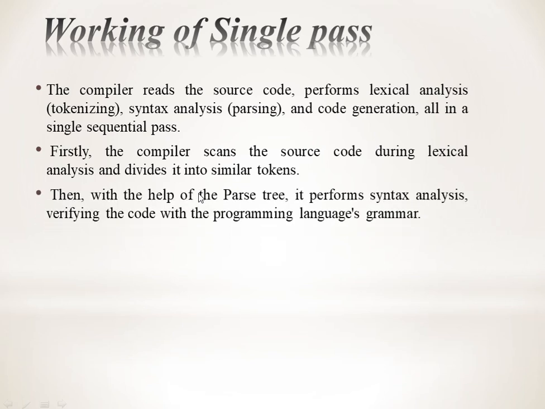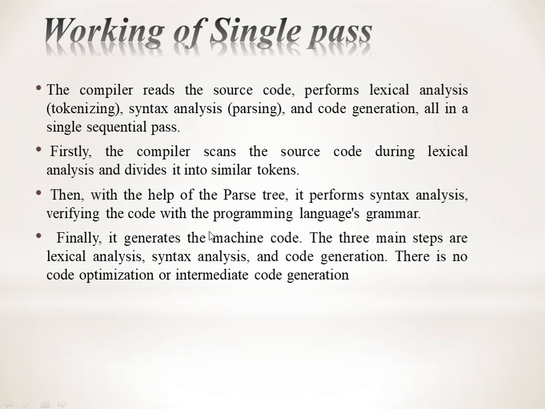Then, with the help of the parse tree, it performs syntax analysis, verifying the code against the programming language. Finally, it generates the machine code. The three main steps are lexical analysis, syntax analysis, and code generation. There is no code optimization or intermediate code generation.